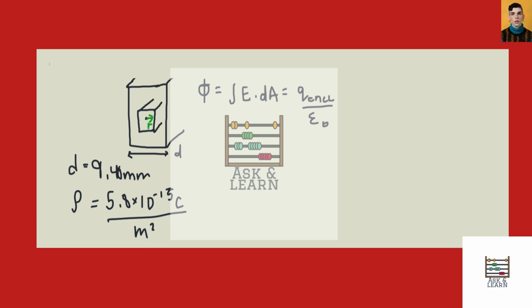Then you want to find the field at r equals 0, 2, 4.7 and 26. So I'll write that down. R equals 0, then 2, 4.7, and 26.